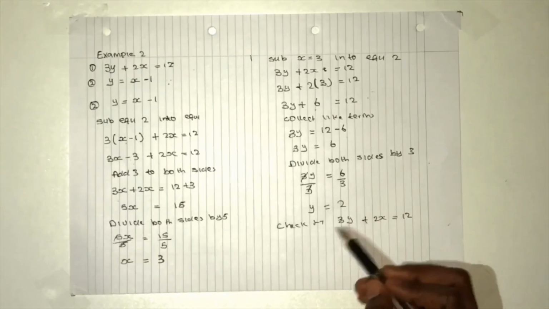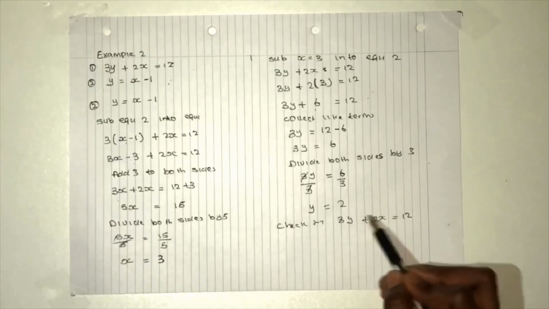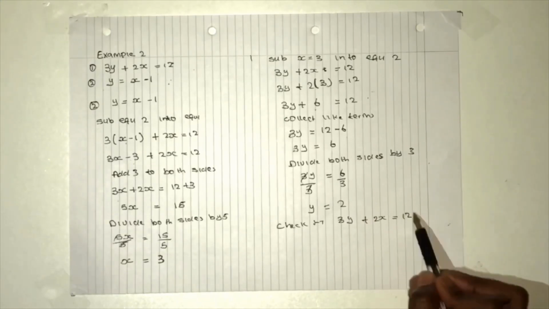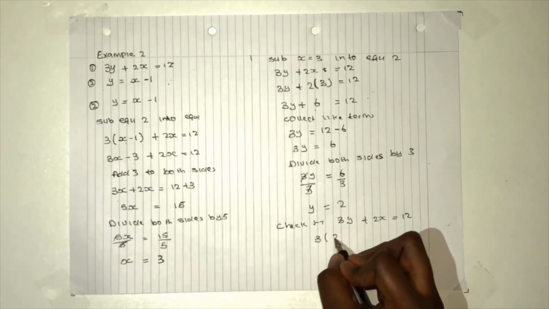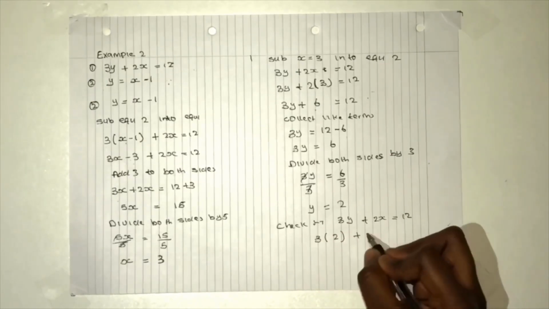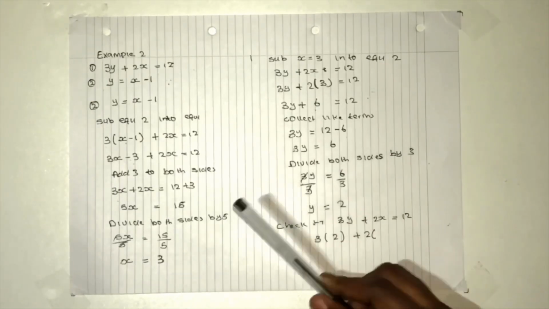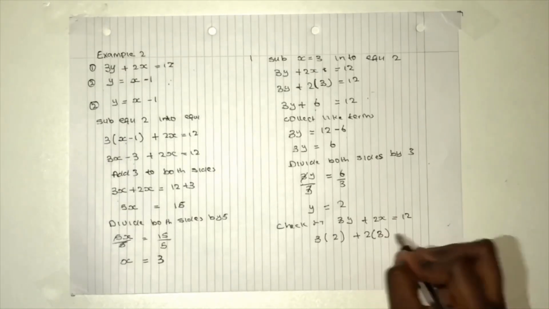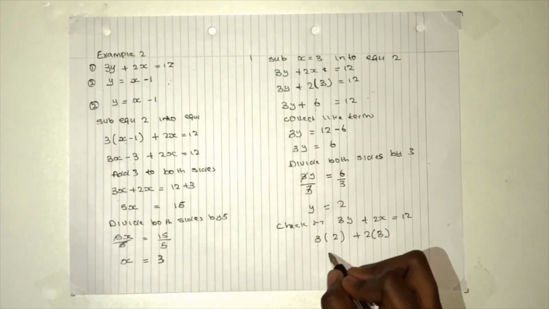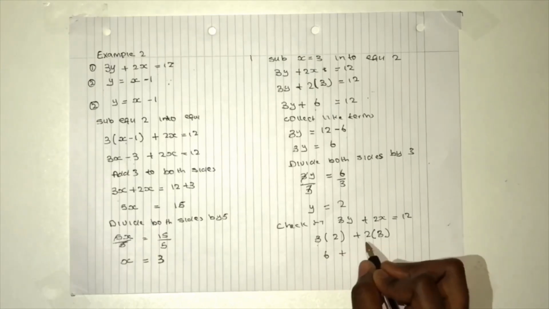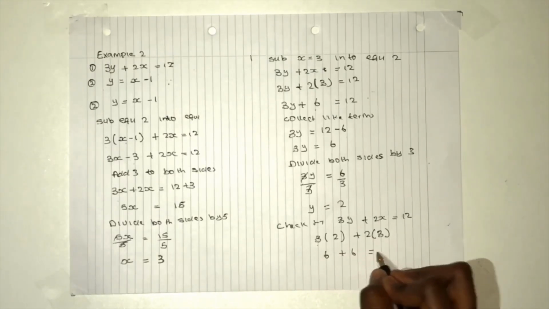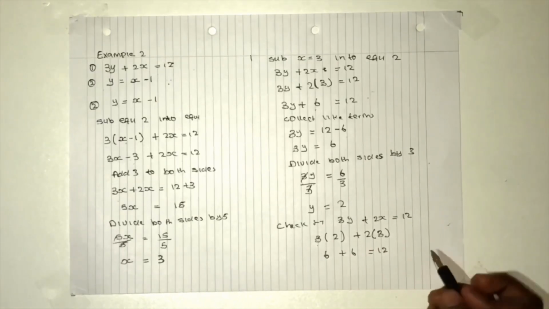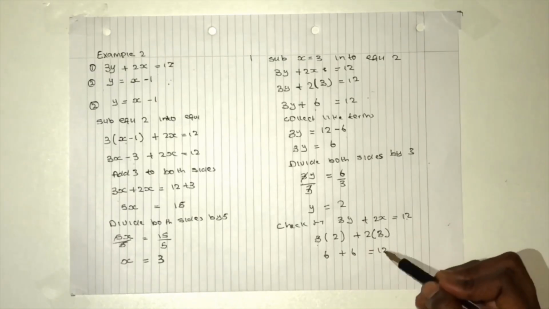When I sub in my answer for x and y into this equation, I have to get an answer of 12. We know that my y is 2 and my x is 3. So therefore, 3 times 2 is 6 plus 2 times 3 is 6. 6 plus 6 will give you 12. And this is how you know it is right, because you get the same answer of 12.